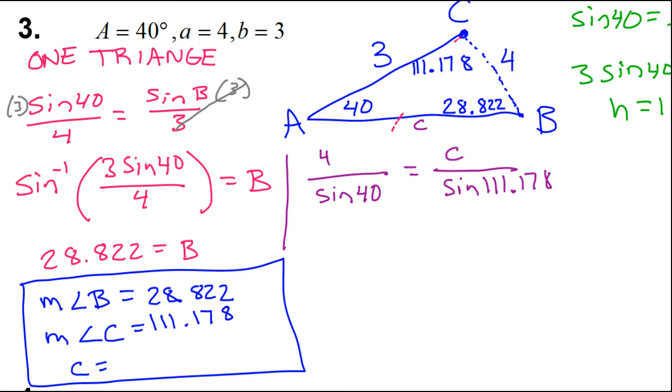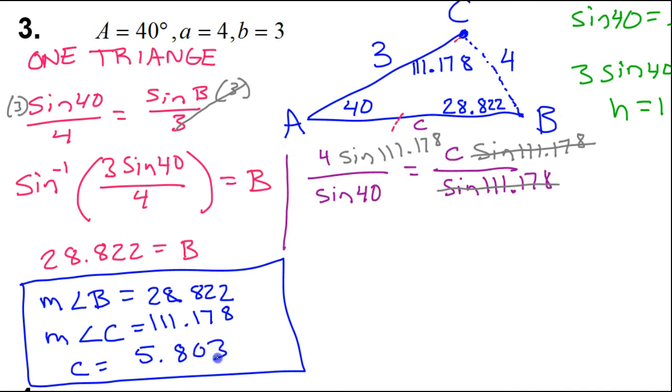So I can easily get C by itself by multiplying by sine 111.178. These will cancel each other out and leave me with C. So I'm just going to put all of this in my calculator. So that gave me 5.803. So that's it for problem number 3.